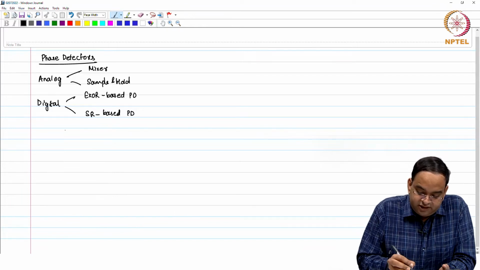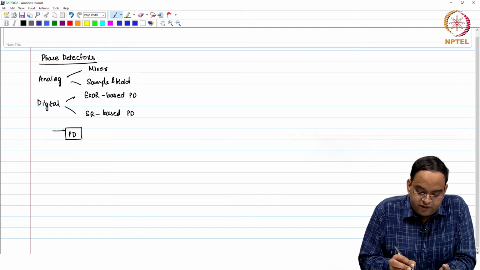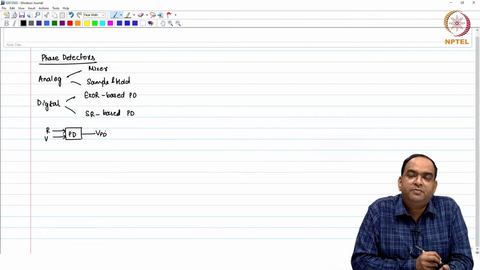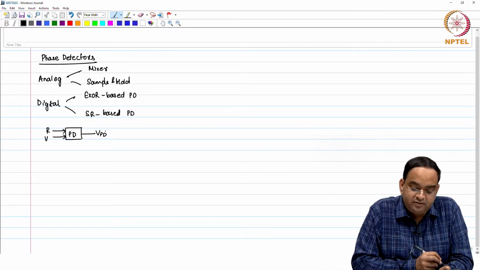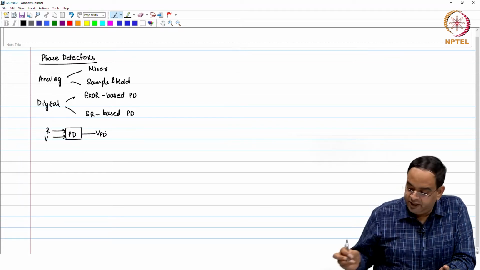So, just consider the phase error detector PD, either of these, you will look at all of them actually. You have R and V signal, and what we used to get is VPD, whether we are getting it after subtraction between the up and down signals in case of SR based PD, or the digital one where you have exclusive OR gate PD.